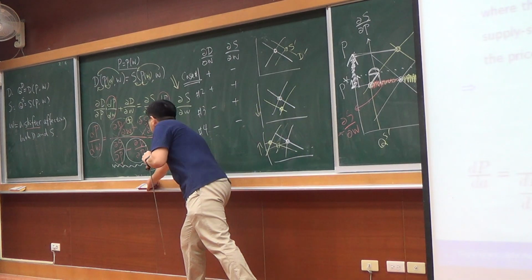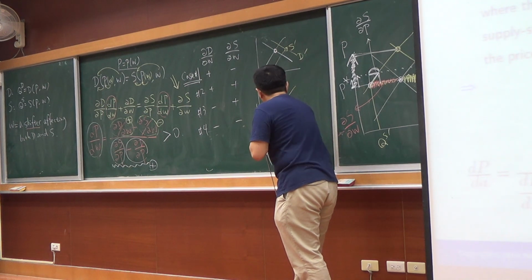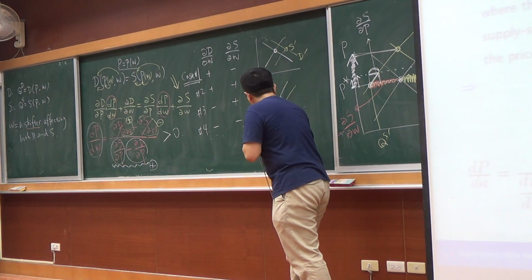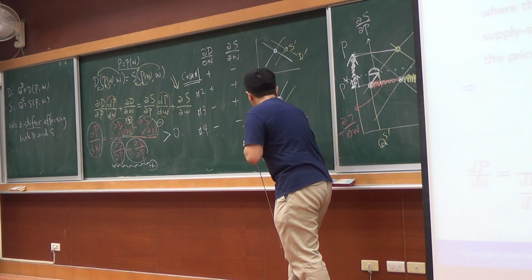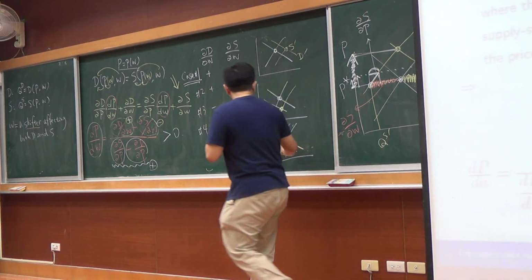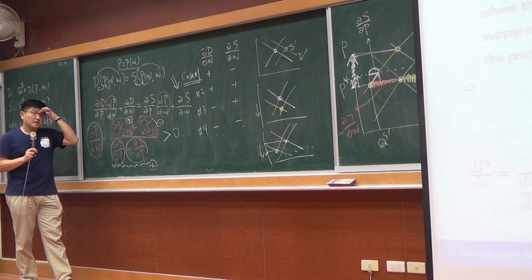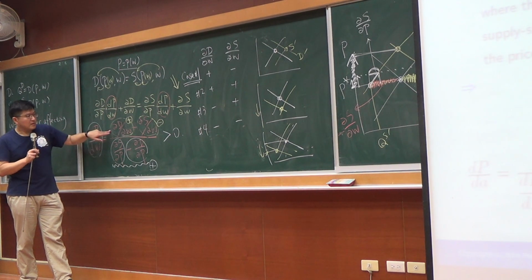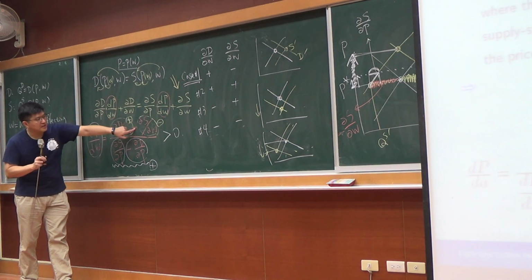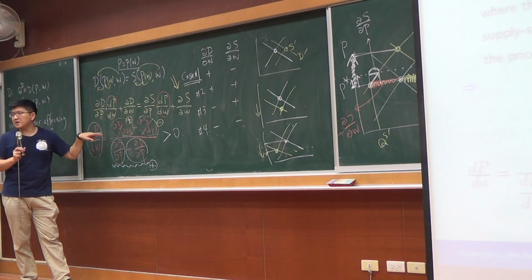On the opposite, if the magnitude of the negative shift of demand is a big negative minus a small negative, then totally it will be negative.